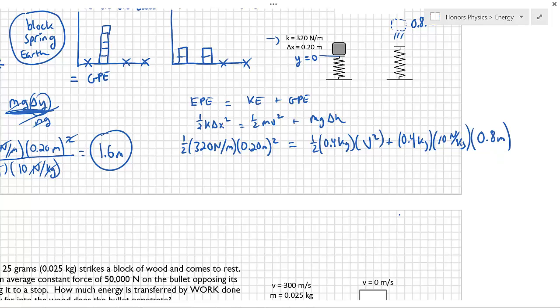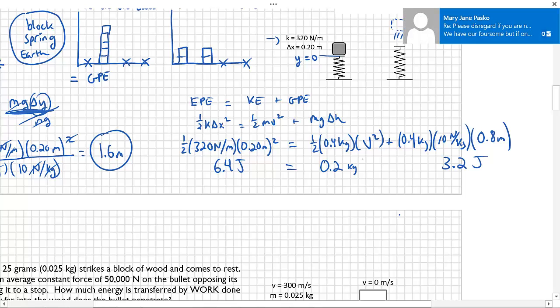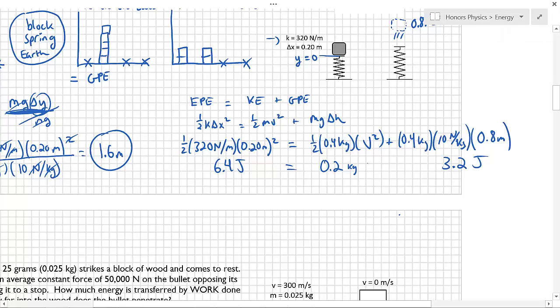So this is a big expression. I'm going to simplify my life and reduce some of these things down. This first term is going to reduce down to 6.4 newtons times meters, okay, so 6.4 joules. The last term is going to simplify down to 3.2 newtons times meters, or joules. And then this other term is going to be equal to 0.2, and then we'll still have that kilogram hanging out, times v squared.